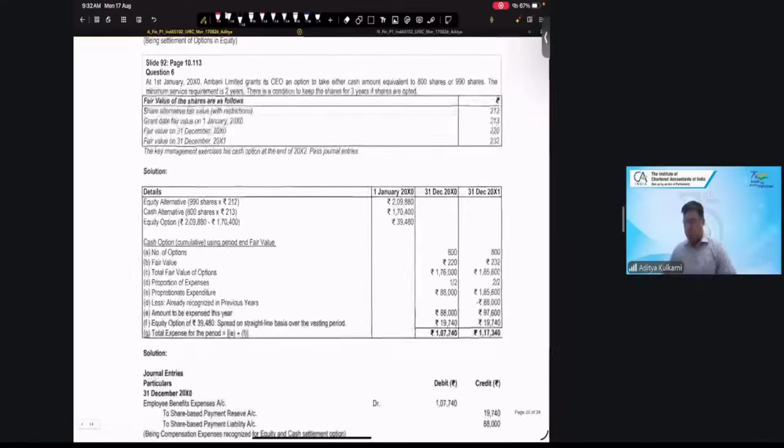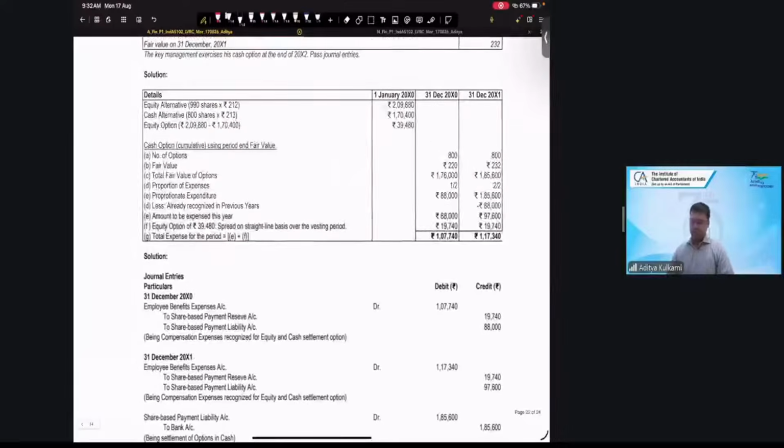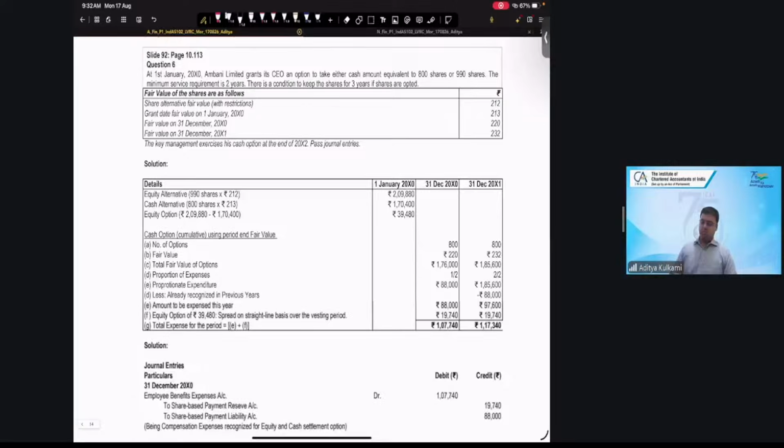So try this question out right now. Ambani Limited grants, same like Tata Industries question, exactly the same.